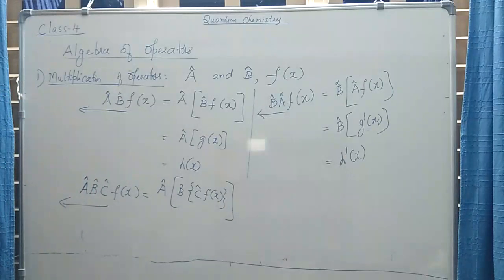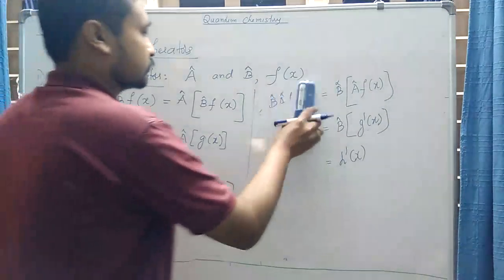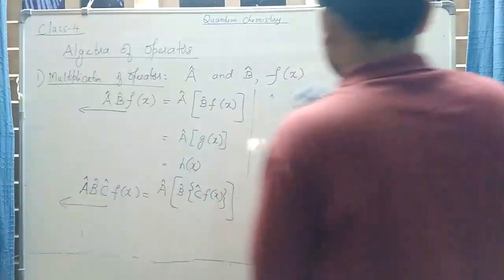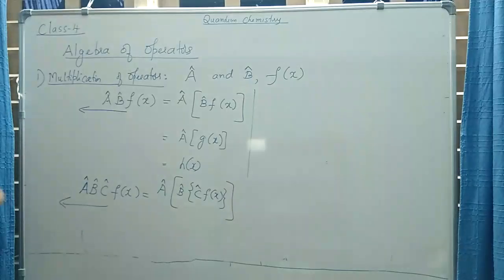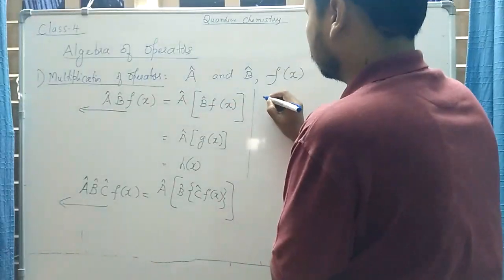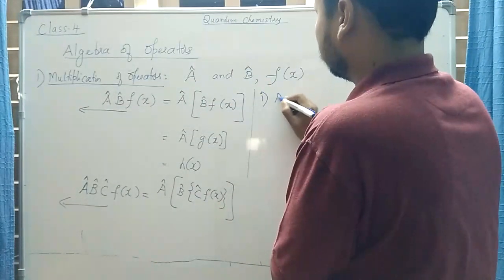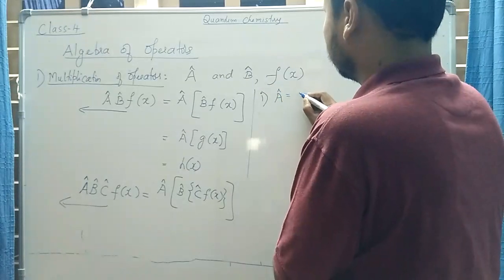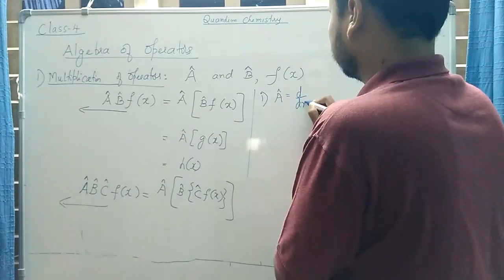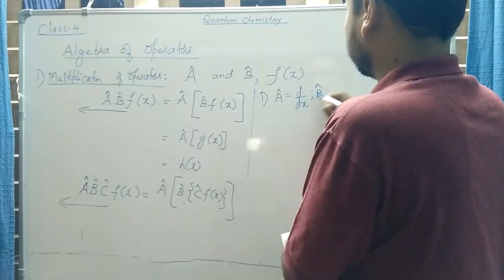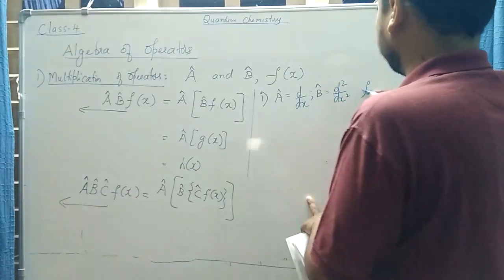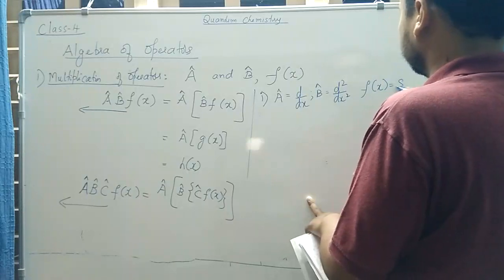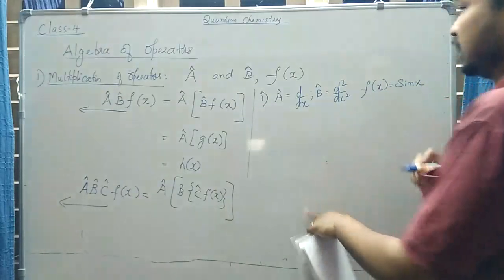Let us take one example. Example 1. Suppose operator A is d by dx, operator B is d square by dx square, and the function is sin x.